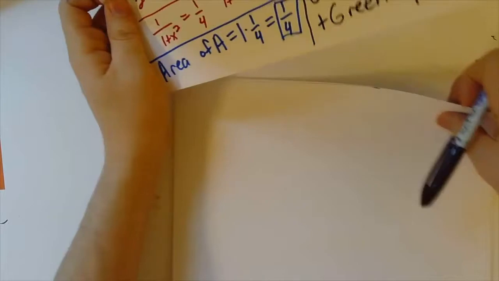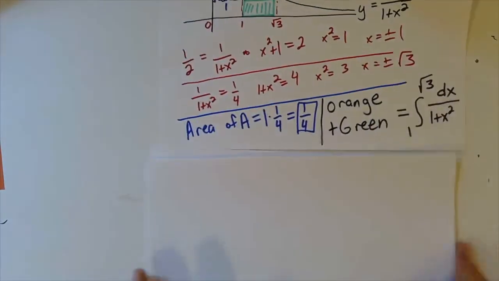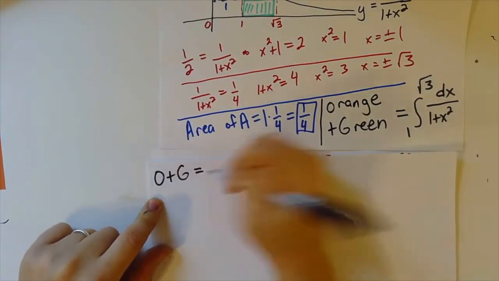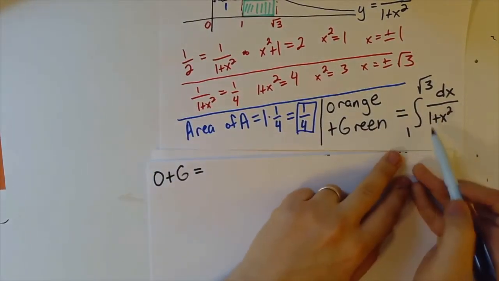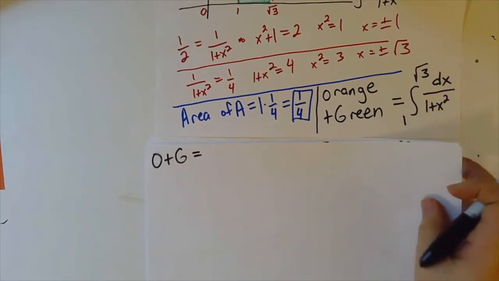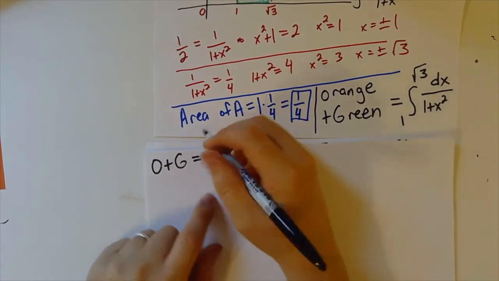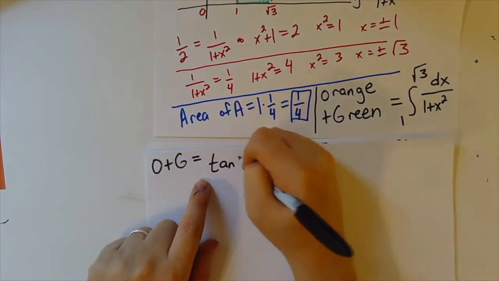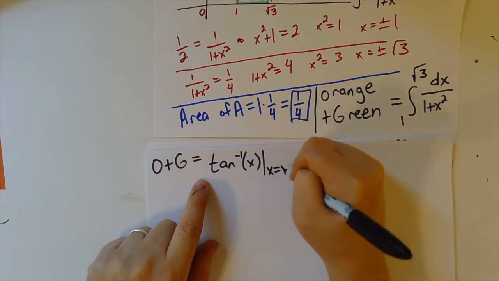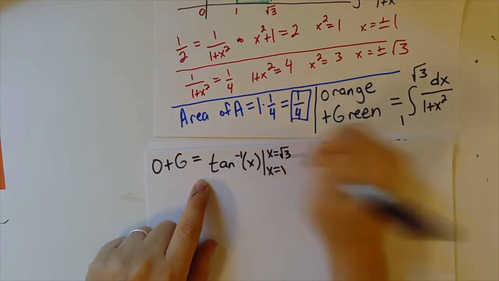Well, I need to find the antiderivative. So this is still orange plus green. I need to find the antiderivative of 1 over 1 plus x squared, which I will recall is actually one of our inverse trig functions. That's inverse tangent. So this is inverse tangent of x, evaluated as x goes from 1 to the square root of 3.